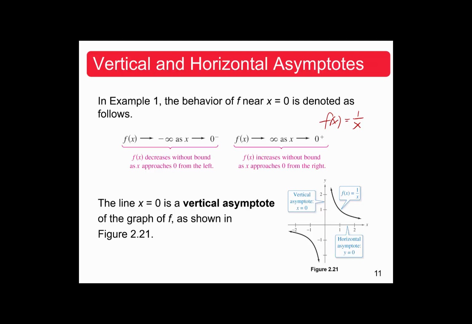When x approaches 0 from the left, f of x approaches negative infinity. So 0 minus here indicates approaching 0 from the left. You're also going to need this in calculus 1. This kind of notation is very important when you get to limits in calculus 1. And 0 plus here indicates approaching 0 from the right.